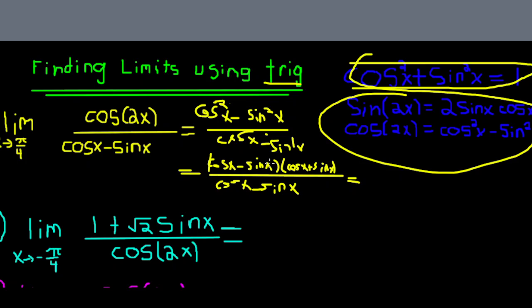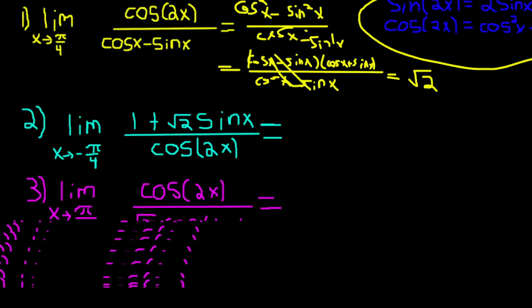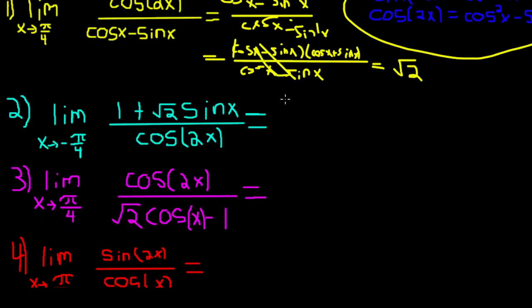And then we're going to plug in pi over 4 again. And since these two are the same, I'm just going to double whatever it is. So cosine of pi over 4 is square root of 2 over 2. So square root of 2. Alright, next one. 1 plus, and then square root of 2 times sine of that is negative square root of 2 over 2, so I'm going to make that positive and make this negative.